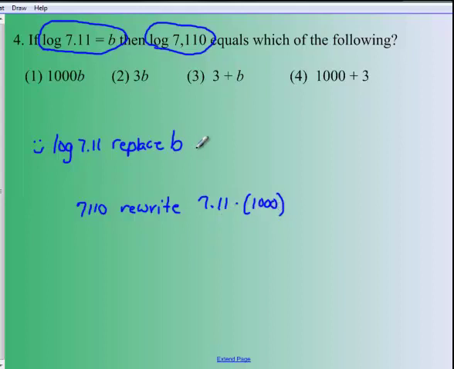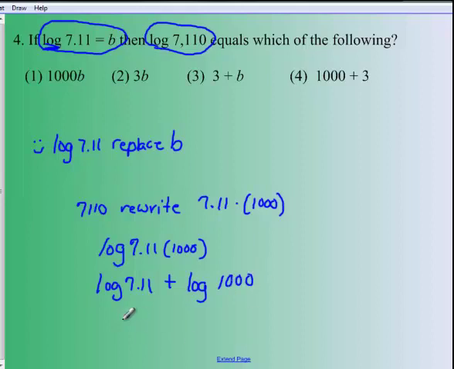All right. Now, this problem wants us to work in logs, not natural logarithms. And the regions will jump back and forth between logs and natural logarithms. You're going to have to pay attention and decide which one they want you to work with. So, if I'm rewriting this in logs, the log of 7.11 times 1,000 has to be rewritten as the log of 7.11 plus the log of 1,000.